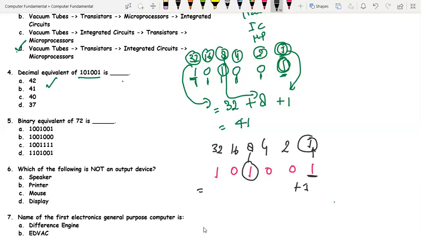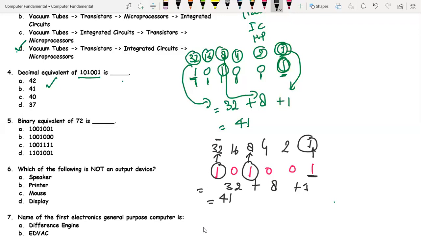The value 8. And the next one is here, value 32. Then add these three things. What is the value? 41. Yes, 41.